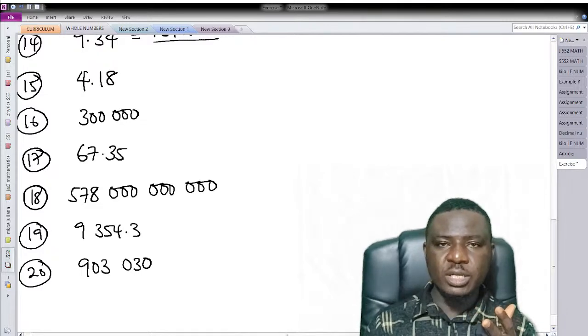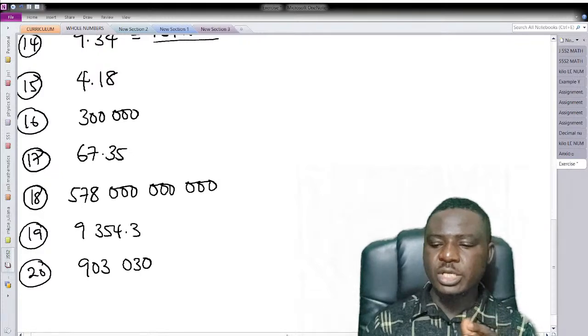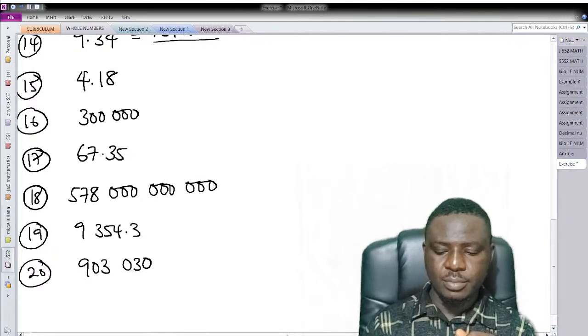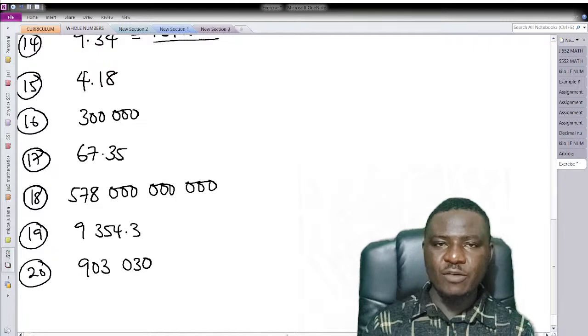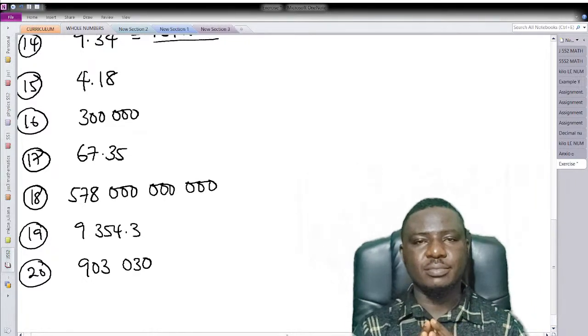We have questions on the board if you can attempt any. The question is you have to express each of these numbers in standard form. So let's see if you can attempt any of them. Express these numbers in standard form.